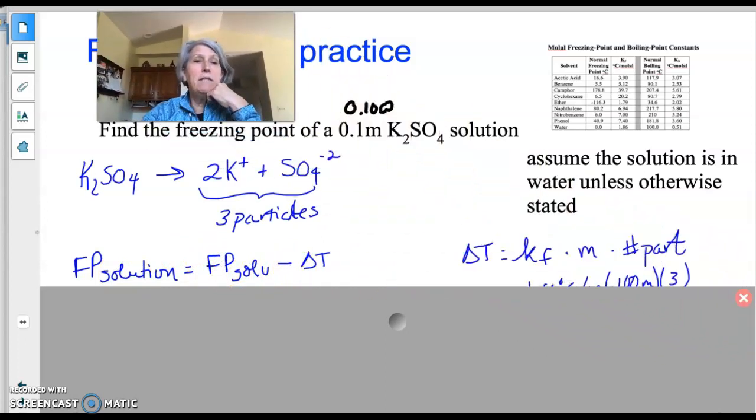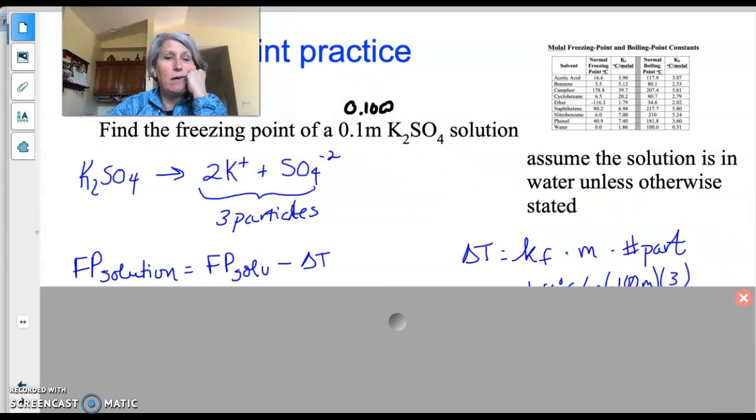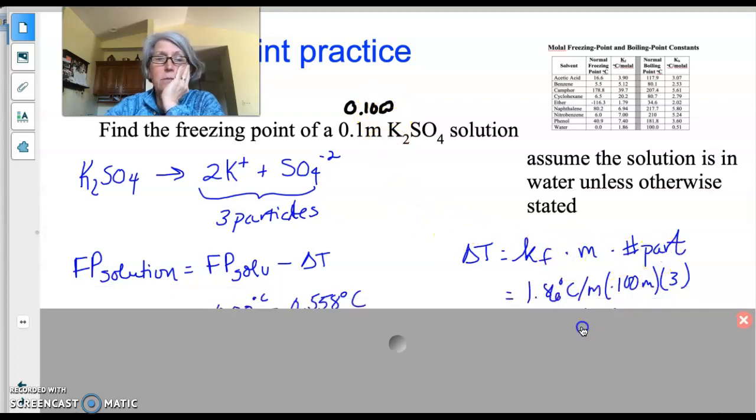So what happens here is we are going to calculate the delta T, and the delta T is going to use the Kf. And since my solvent is water, I'm going to look at the water here, and the Kf for water is 1.86 degrees C over little m. The molality was given to us, it's 0.100 m, and the number of particles is 3.